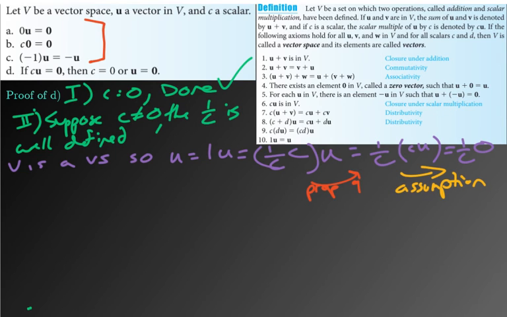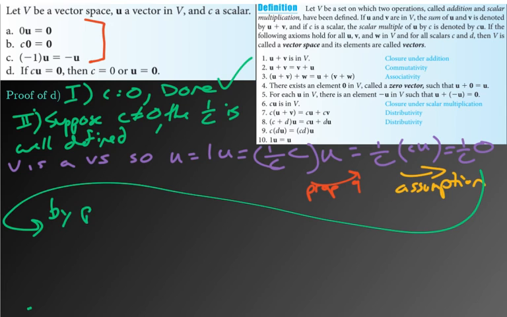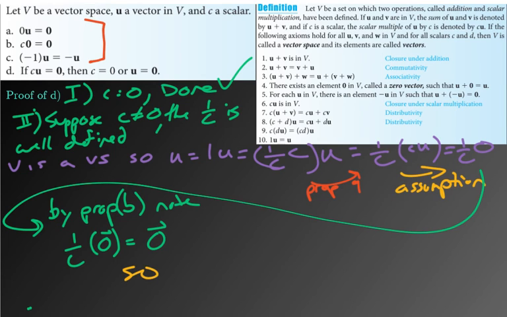And then by property B, note that 1 over C times the 0 vector is going to equal the 0 vector. So putting it all together, U equals the 0 vector.